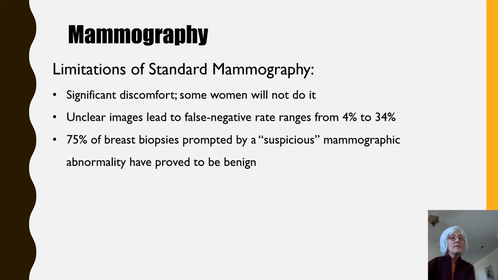And 75% of those biopsies are not cancer, so they're benign. And this 75% is what we call a false positive, meaning that you get something that looks like a tumor that really isn't a tumor.